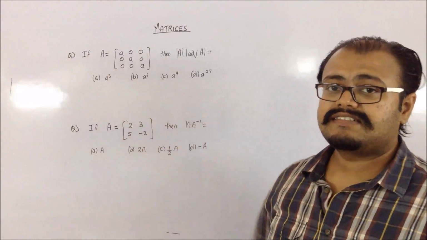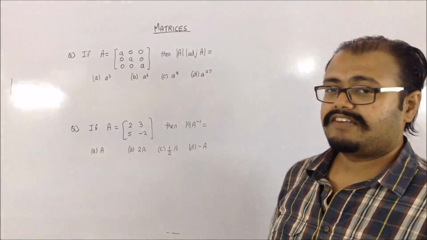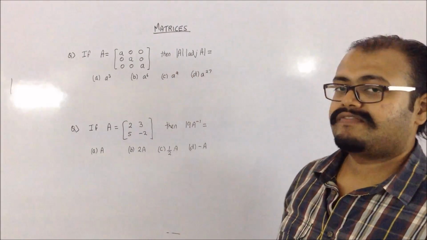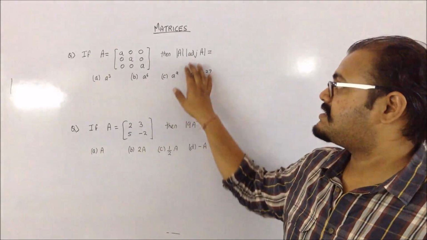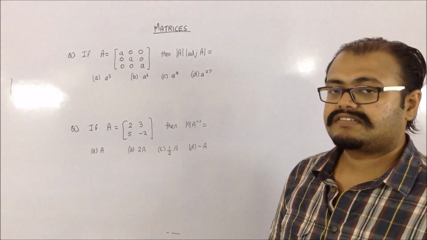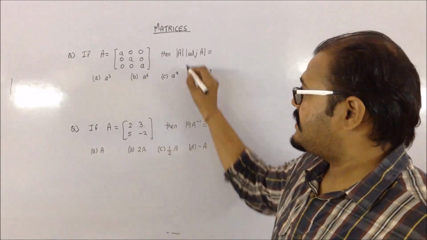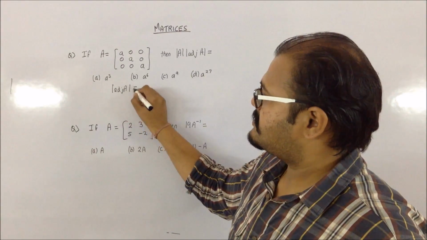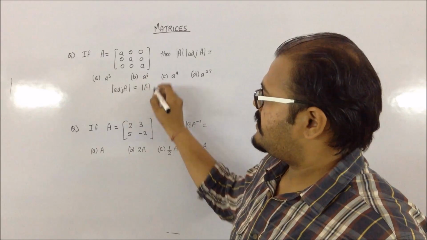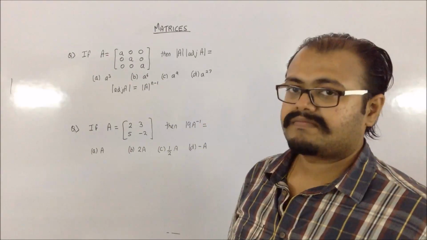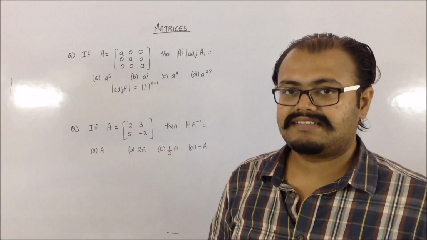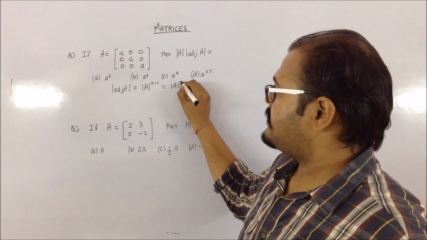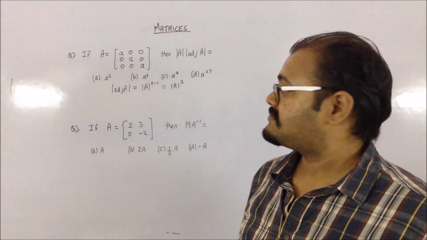So next question is, if A is given as a diagonal matrix or a scalar matrix in this case, then I have to find the value of determinant of A into determinant of adjoint of A. Now I remember that determinant of adjoint of A is given by determinant of A raised to n minus 1, where n is basically the order of A. So I will get it as determinant of A square because it is 3 minus 1.